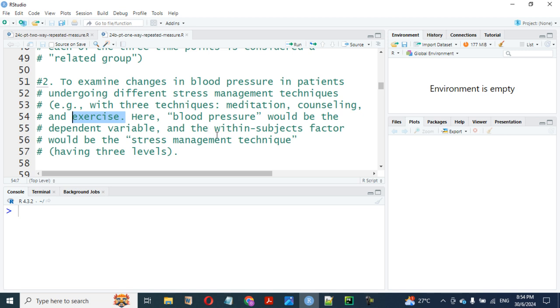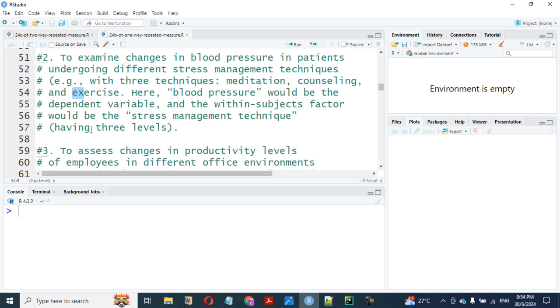The within-subject factor will be the stress management techniques, which has 3 levels: meditation, which you can call ME, CO for counseling, and EX for exercise. You just shorten them. That's the 3 levels we have, and you have BP as your measuring column.